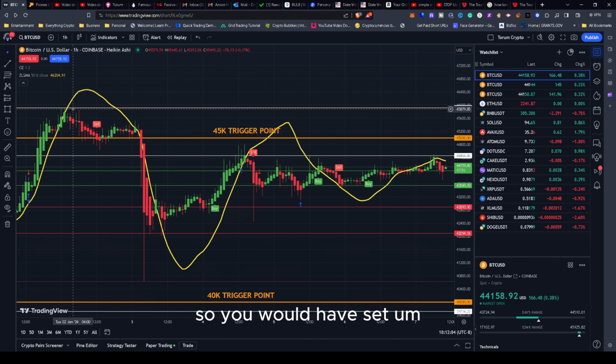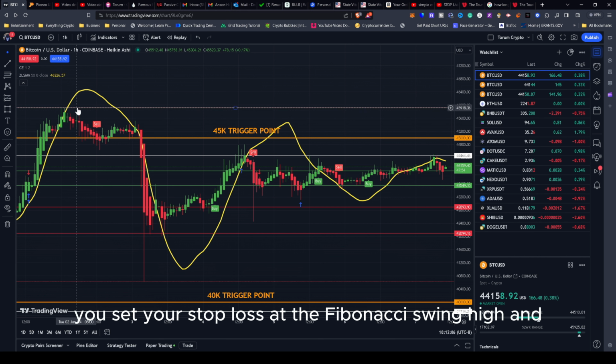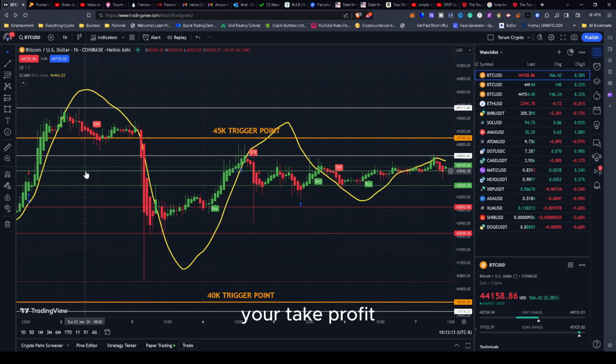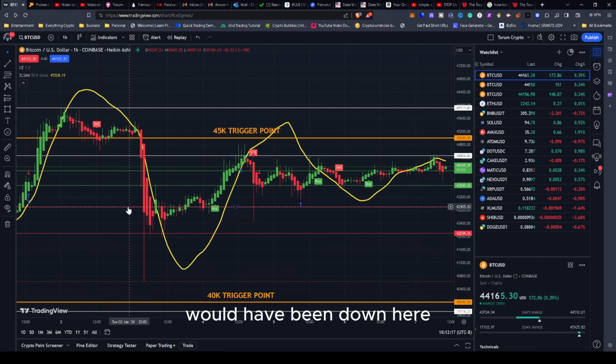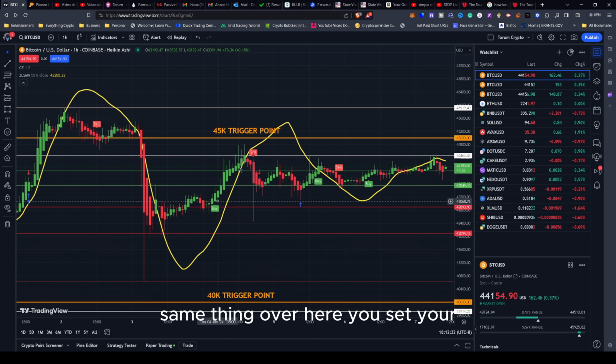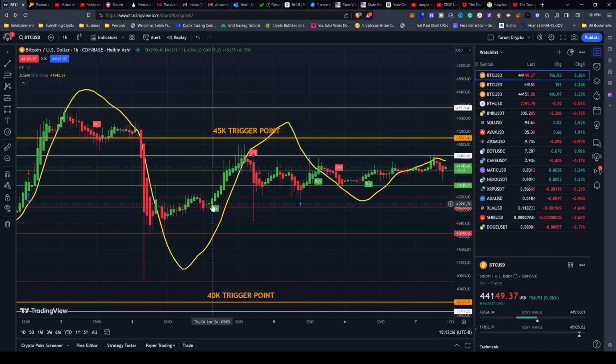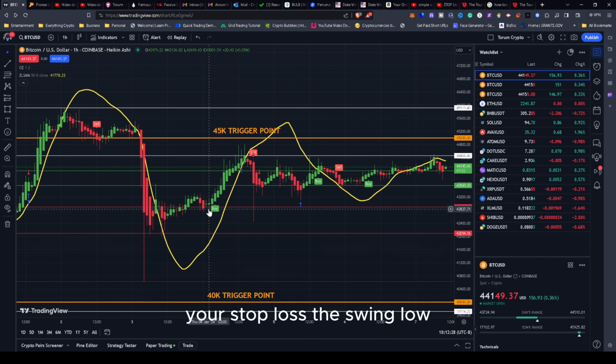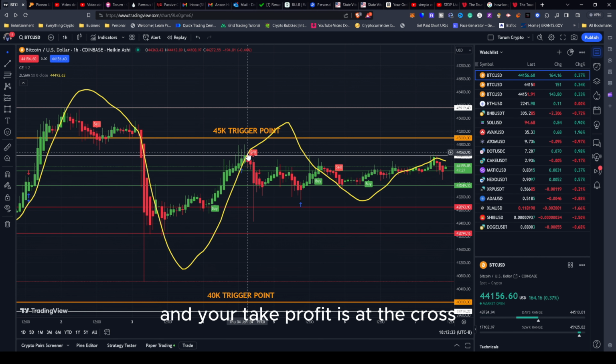So you'd have set your stop loss at the Fibonacci swing high, and your take profit would have been down here. Same thing over here. You set your stop loss at the swing low, and your take profit is at the cross.